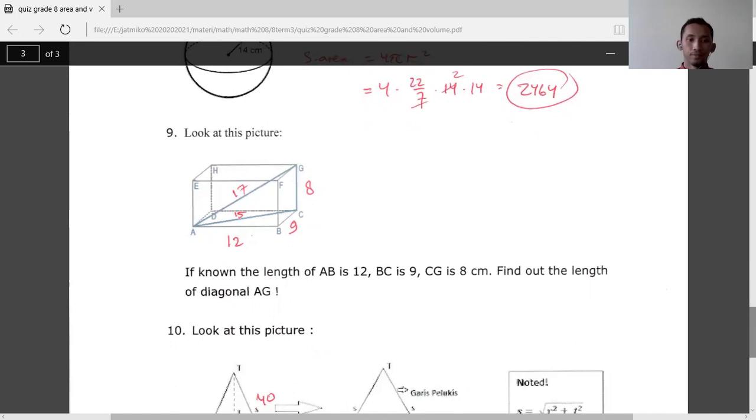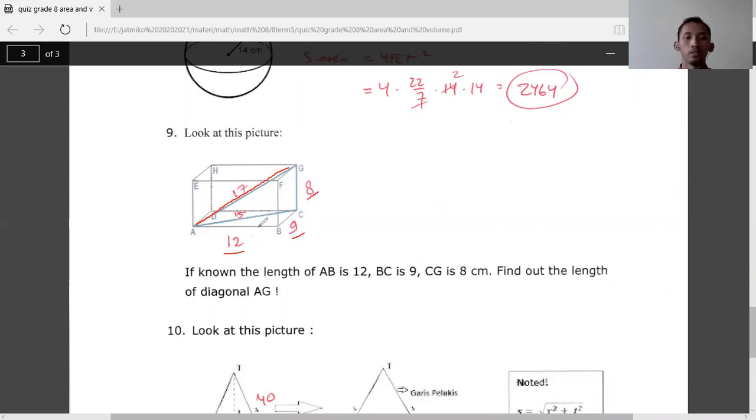Number 9. This is about the diagonal. We have to find AG. How to find it? AP is 12, BC is 9, and CG is 8.